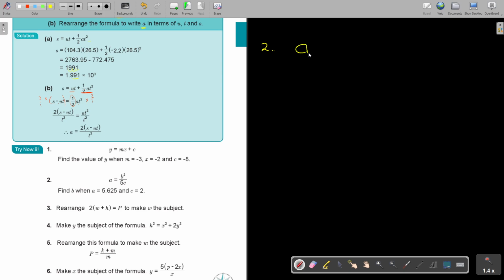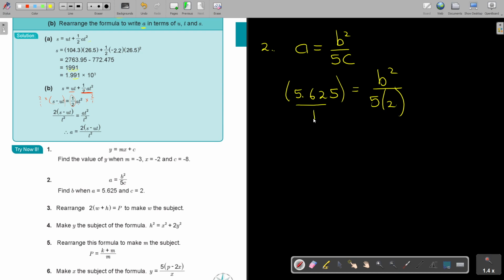Okay, so A equals B squared over 5C. Find B when A, okay, but now they tell you what A is. So again, it doesn't matter where they tell you, just substitute. And they say find B, so I don't know B, but I know C. I know C is 2. Okay, now you can do it again like this. You can cross multiply.